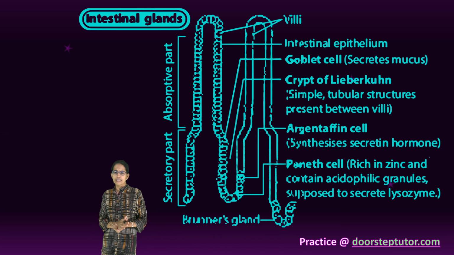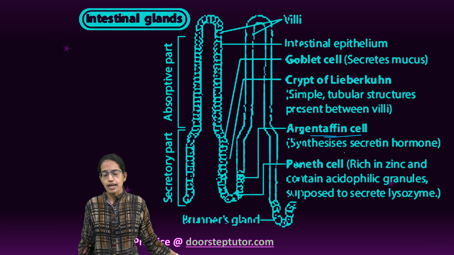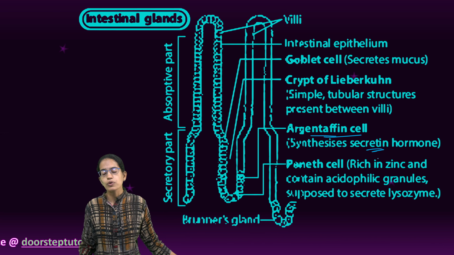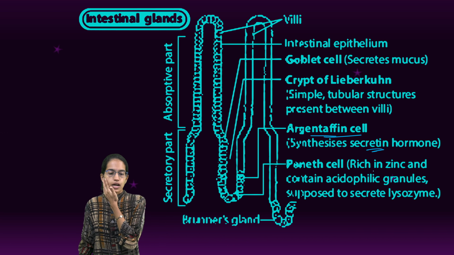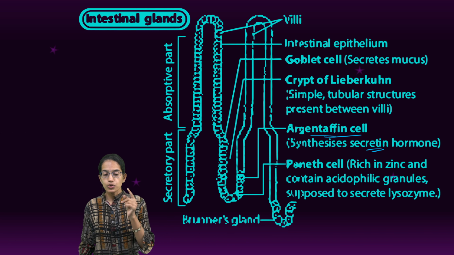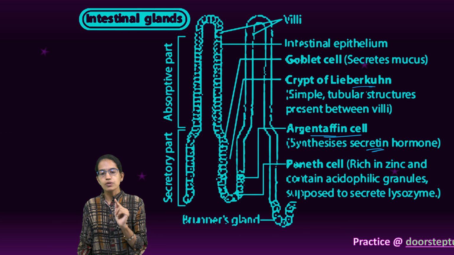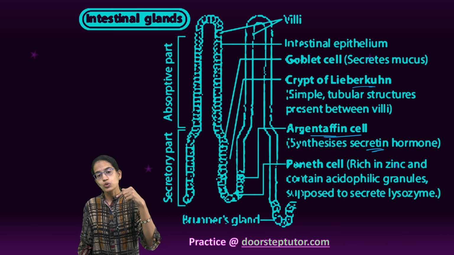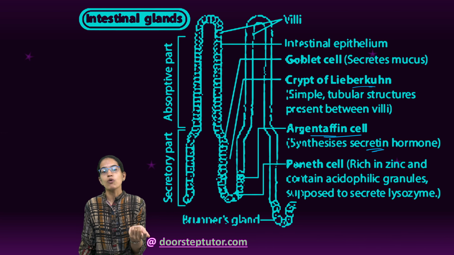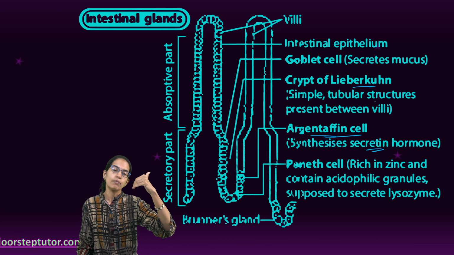Finally, there are intestinal glands. Under the intestinal glands, as I said, argentaffin cells release hormones, secretin hormone, and also histamine is important. Then in the intestinal gland there is the crypt of Lieberkühn. Lieberkühn, as we said, is where the Brunner's gland empties, and that's from the duodenum, the C-shaped broad structure which connects the stomach.